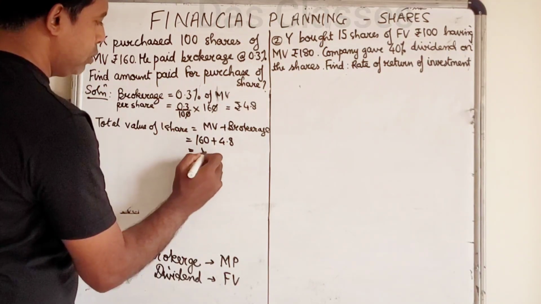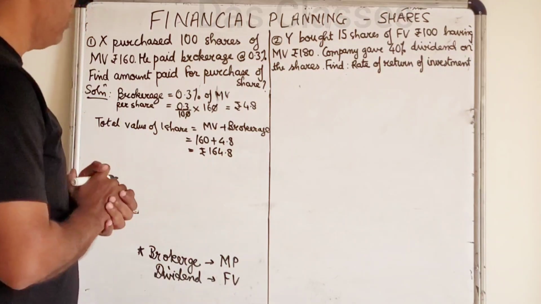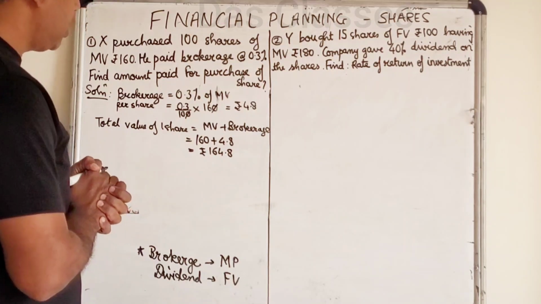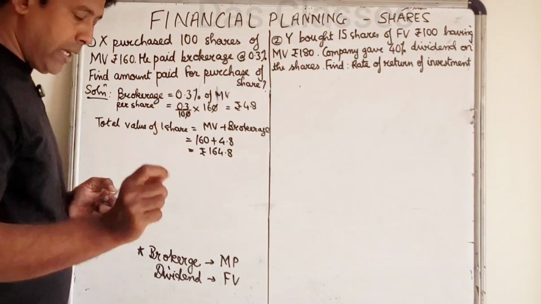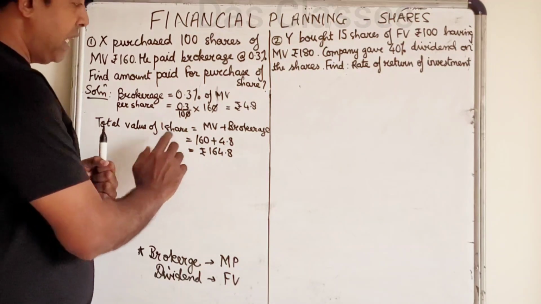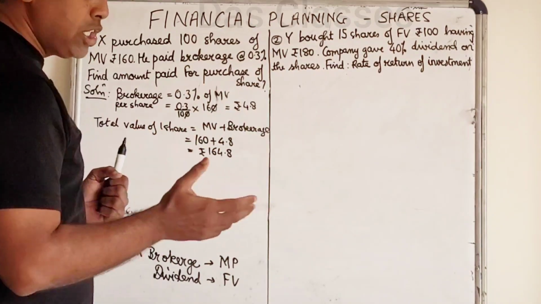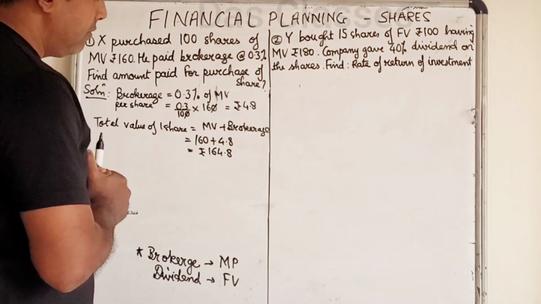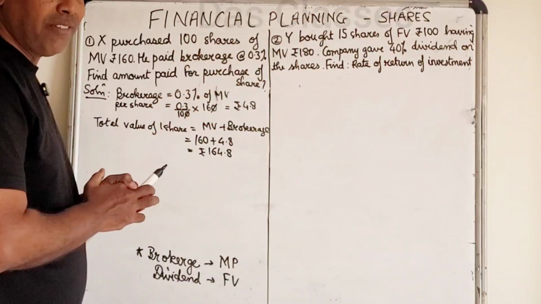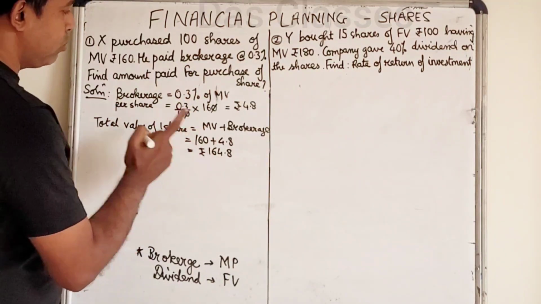So that comes to 164.8, or 164.80 rupees he has to pay for one share. See, one again very important thing: whenever somebody purchases a share, we add that brokerage part, and when we sell a share, that brokerage amount has to be given, so we have to subtract it from the value. Okay, so now total value of that one share is 164.8.